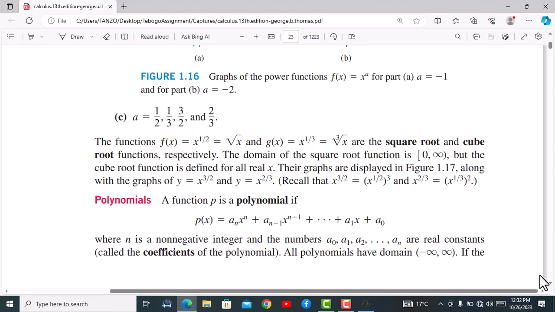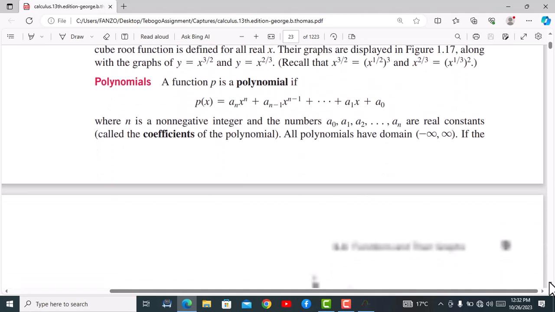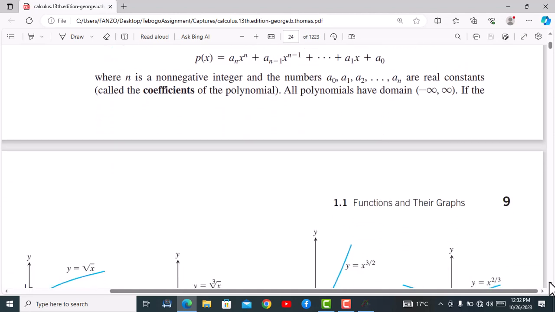Right, okay, that is fine. We have understood and drawn that, and then we will look at polynomials.